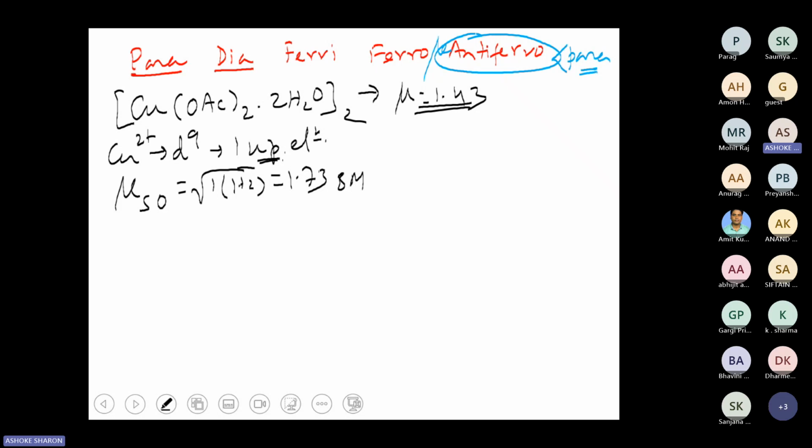Now this antiferromagnetism can be described with the help of different mechanisms. We can discuss it right now. In order to understand the antiferromagnetic coupling of the electron spin, we need to draw the structure first. Copper acetate.